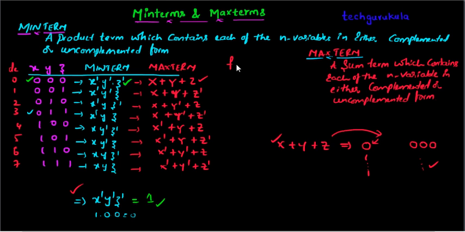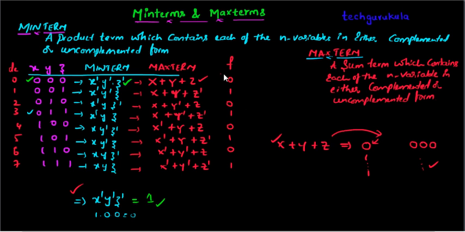This function's output will be 1 if the input combinations are odd, that is 1, 3, 5, and 7, and for the rest it is going to be 0.